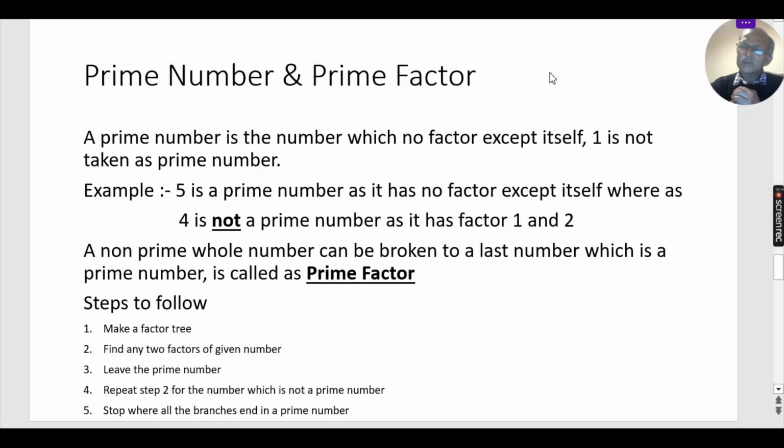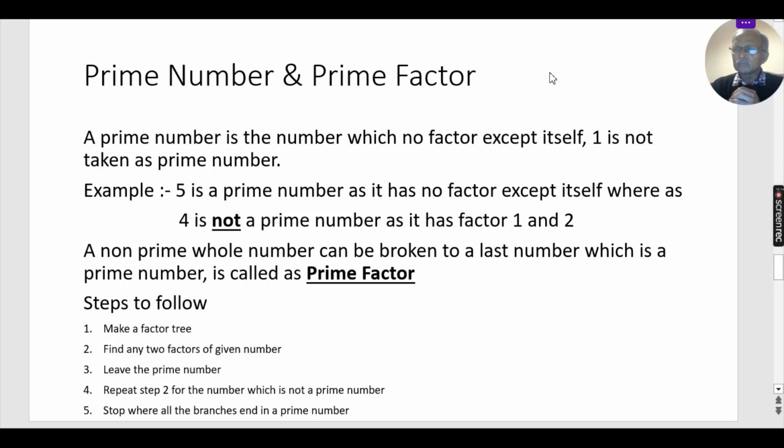Say 5. 5 cannot be factorized except 1 into 5 or 5 into 1. Since 1 is not taken as a prime number, 5 has a factor of 5 only, that is itself. So 5 is a prime number. 4 is not a prime number.